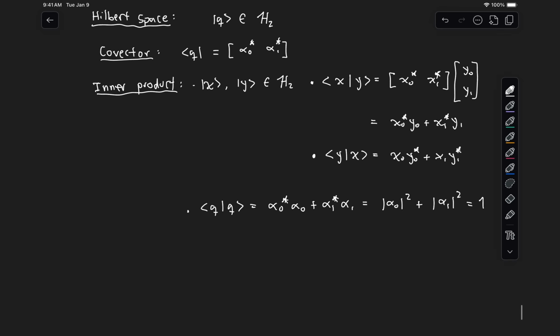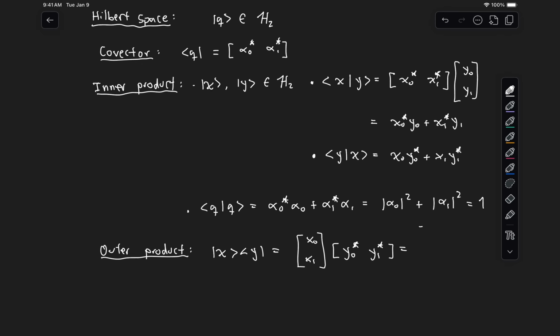We can also define what is known as the outer product, which is basically taking the product between a ket, let's say x, with the bra of another vector, let's say y. So if we do that, what we have now is x0, x1 times the row vector y0 complex conjugate, y1 complex conjugate, and what we're going to get from this is actually a matrix.